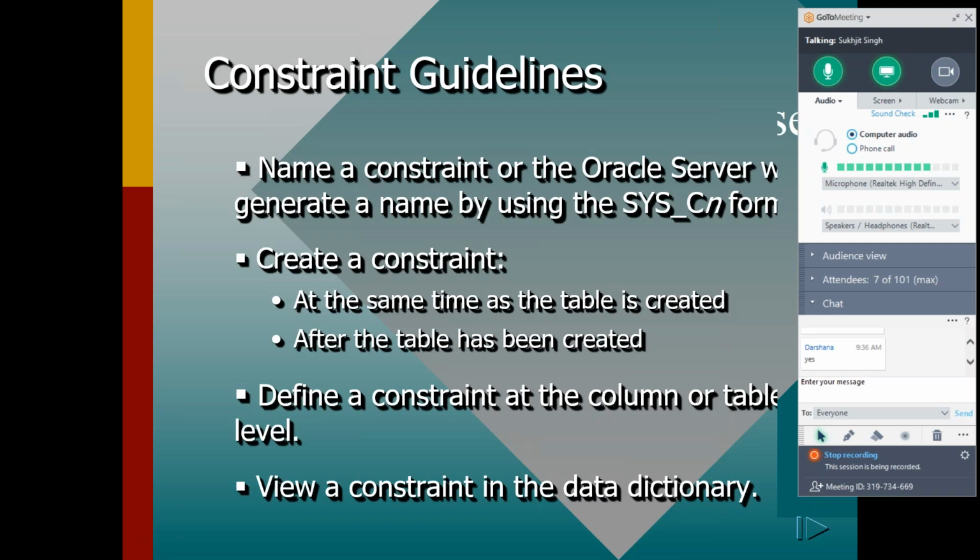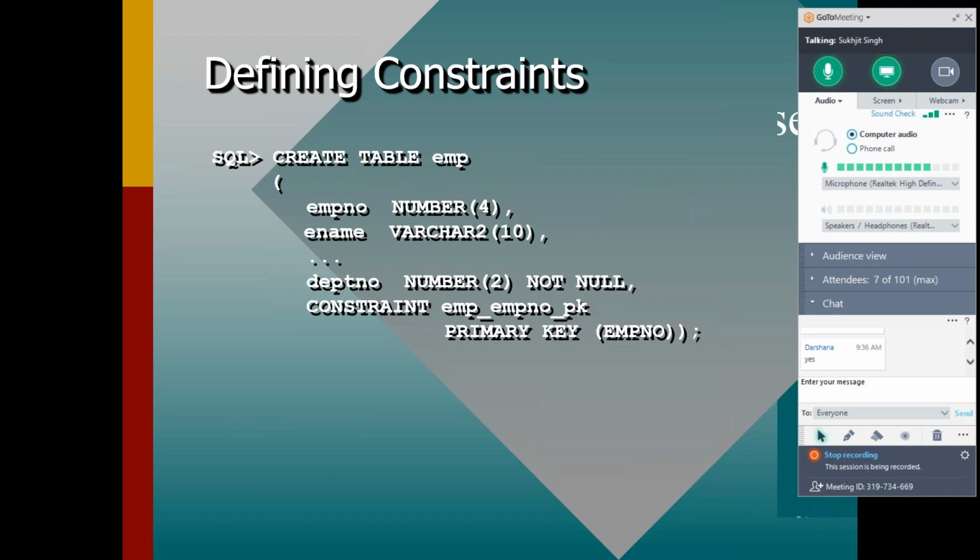If you end up defining a constraint name at the time the table is created or altered, you'll generally end up naming the constraint yourself, and we end up using table names or column names to do that. So something like this. Constraints can be defined at column level or table level. When a column level constraint is defined, it's defined before the comma.